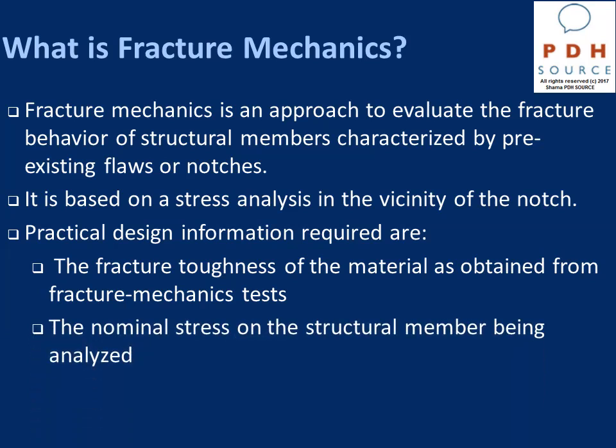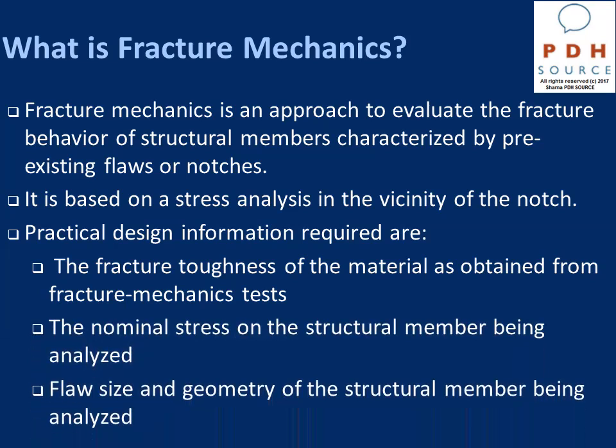Second, the applied stress on the structural member being analyzed, and of course the flaw size and geometry orientation of the structural member. In fact, using fracture mechanics, engineers can establish allowable stress level and inspection requirements to design against the occurrence of fracture in structures.